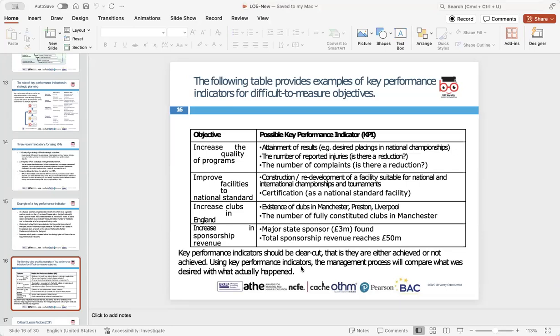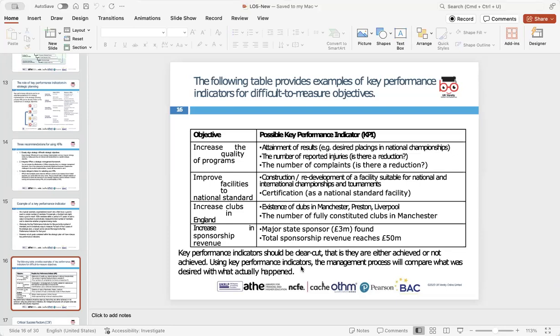When attempting to increase the number of supporter clubs in a region, a possible KPI could be the presence of clubs in key cities or the number of fully constituted clubs in specific areas. For sponsorship revenue, a target amount such as securing a major sponsor or reaching a total revenue figure can act as KPIs.